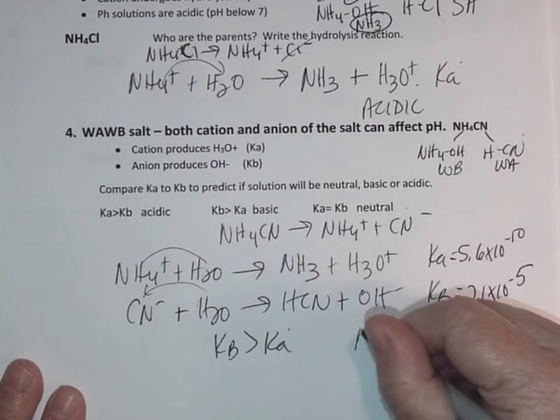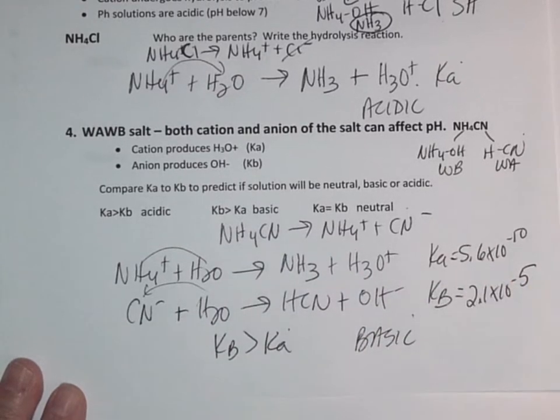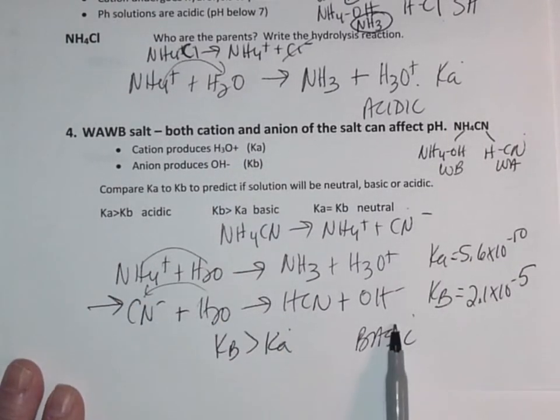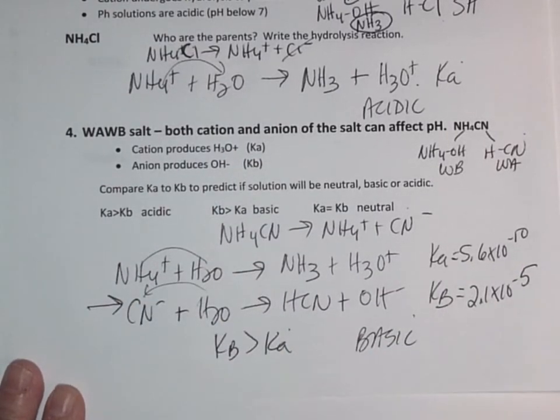So this is going to be a basic solution. If I had to go on and determine the pH, this is the reaction I would use to determine it because the Kb is larger than that. So it's the one that's going to determine the pH, the pOH, everything in this solution.